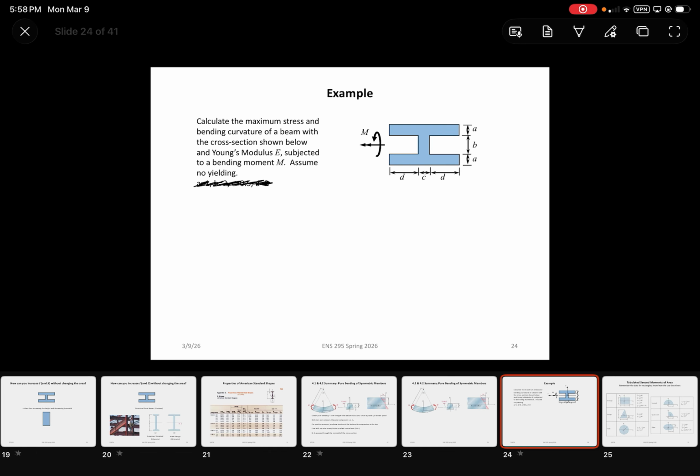Does everyone have the shape drawn out and the problem written? Because I'm about to change to another slide, just to give you a little bit of help with solving it. Let me know when I'm good.